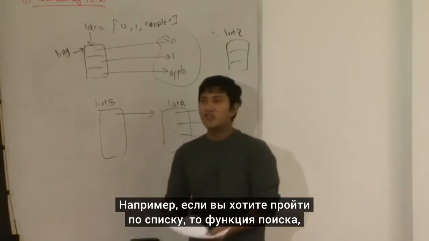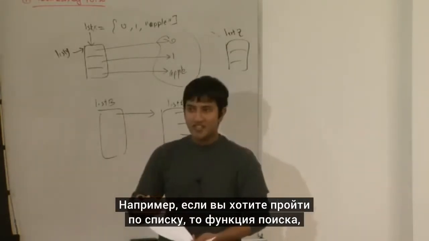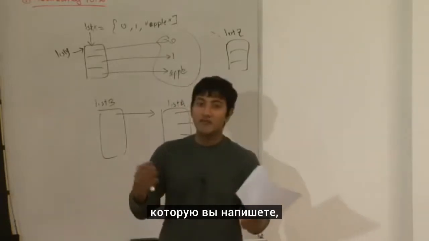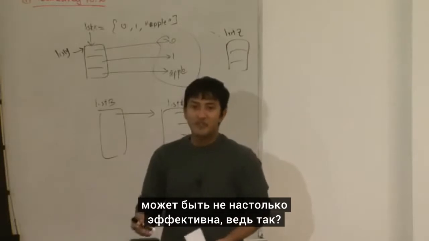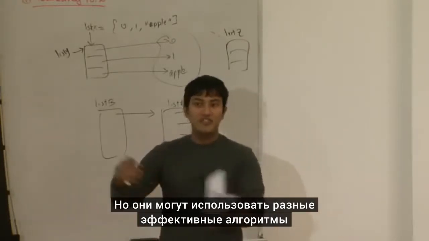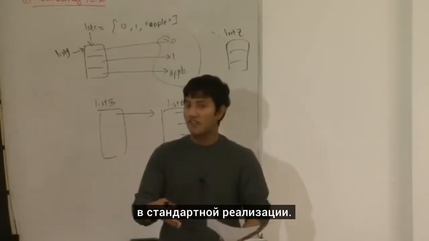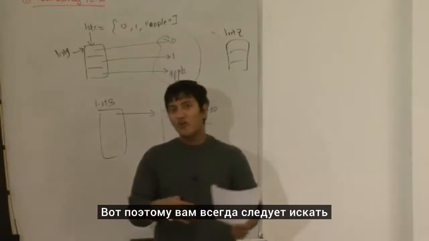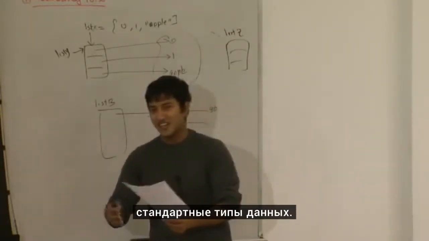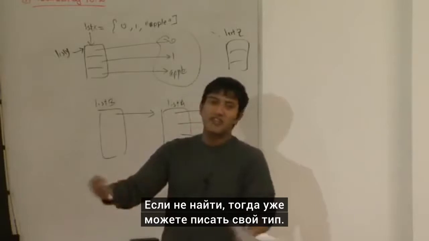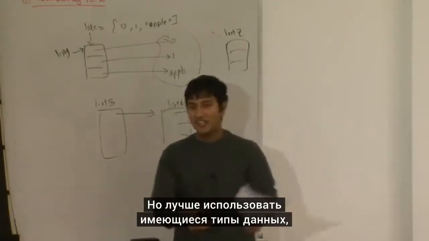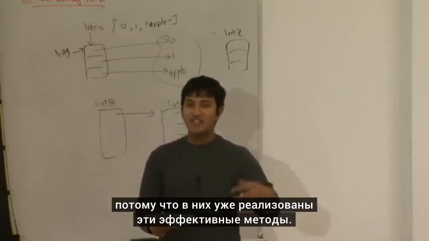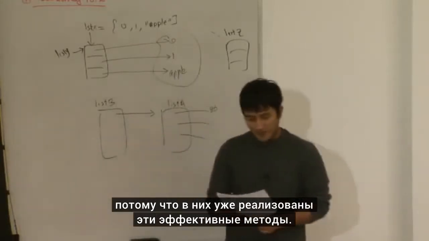For example, if you want to go through all the lists, then the search or lookup function that you write may not be that efficient, right? But they might use efficient algorithms in the standard implementation. So you should always look for the standard data types. If you can't, you can write one yourself. But it's good to use the available data types so that they will have these efficient methods implemented.